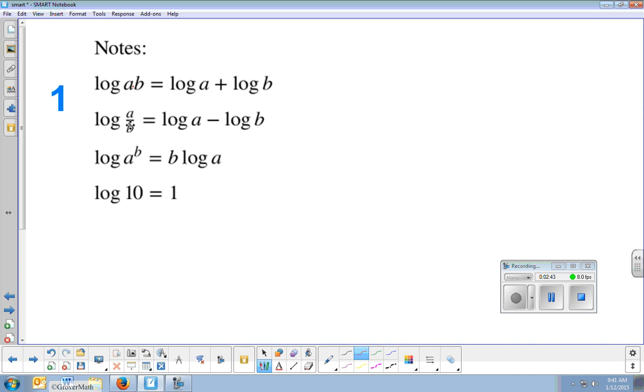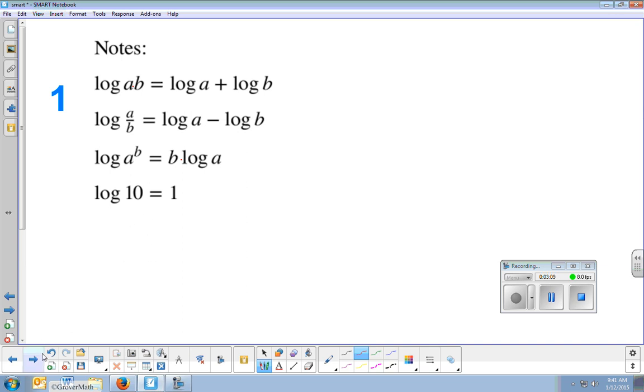A division can be expanded to a difference of logs. For an exponent, the exponent can be written as a coefficient of the log. And going the other way, contracting, if I have a sum of logs, I can write it as a single log product, or a difference of logs, I could write as a single log division. And if I see a coefficient in front of a log, I know it comes from an exponent of that log.